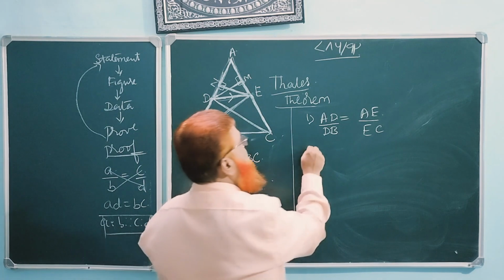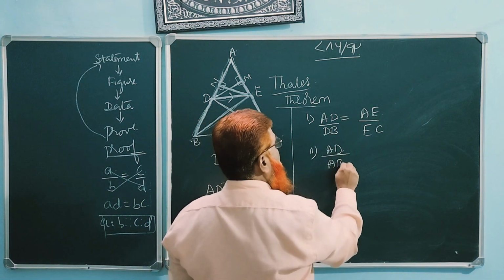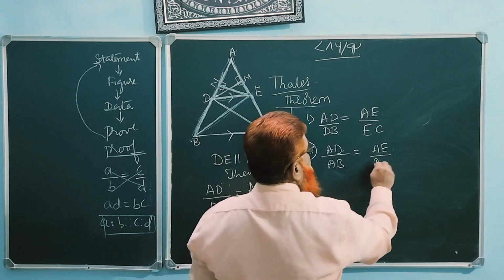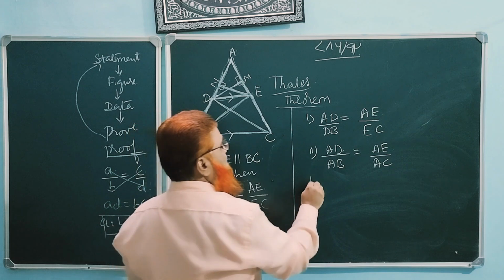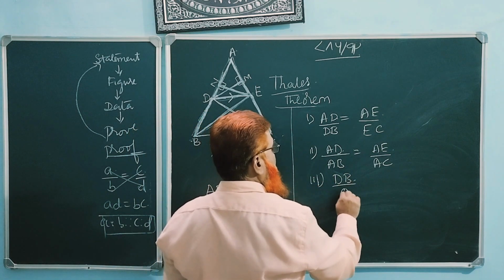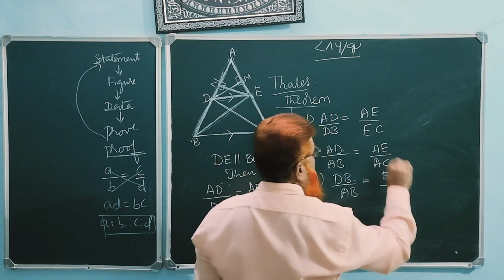The second part is that AD by AB is equal to AE by AC.